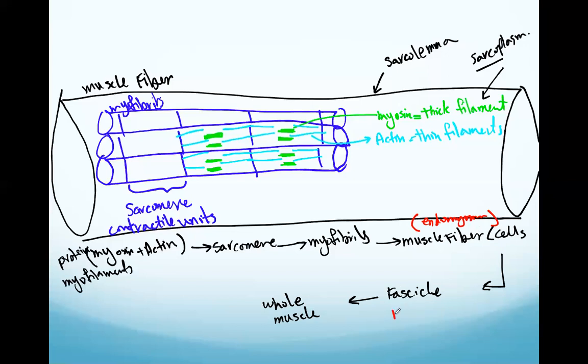Fascicles are wrapped with perimysium, and the whole muscle is wrapped with epimysium. So again, you have it from the smallest structure to the largest structure. And recall that epimysium also becomes tendon, which is basically how your muscle connects to the bony tissue, or to your bone.